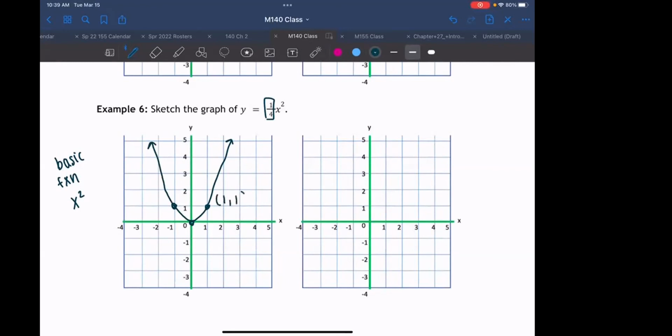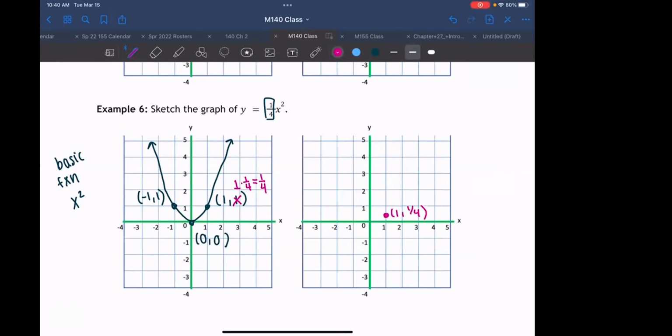We've got 1, 1, we've got 0, 0, we've got negative 1, 1, right? And we can do the same thing. We can cross out 1 on the y coordinate and replace it by 1 times, not 4, but 1/4. So the y value is now 1/4, okay? So this point now becomes 1 as our x value and 1/4 as our y value.